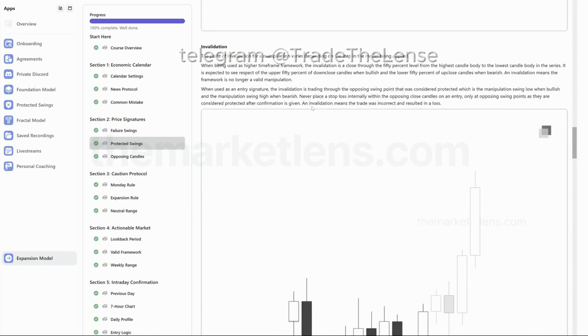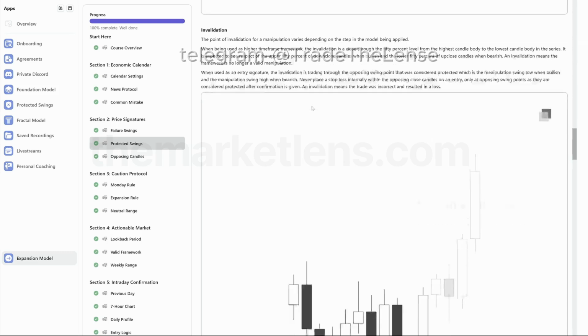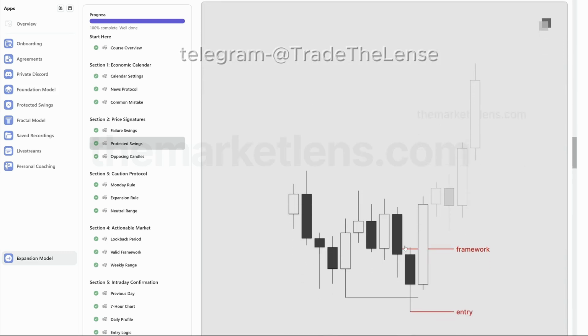So if you're using it for a higher time frame framework, then you're going to use a close through 50%. If you take the highest down close candle body to the lowest down close candle body, and it's the opposite if it were bearish, we're going to mark out 50% of that. And if you're using this as framework, so let's say this could be a daily time frame, then this would be a point of invalidation.